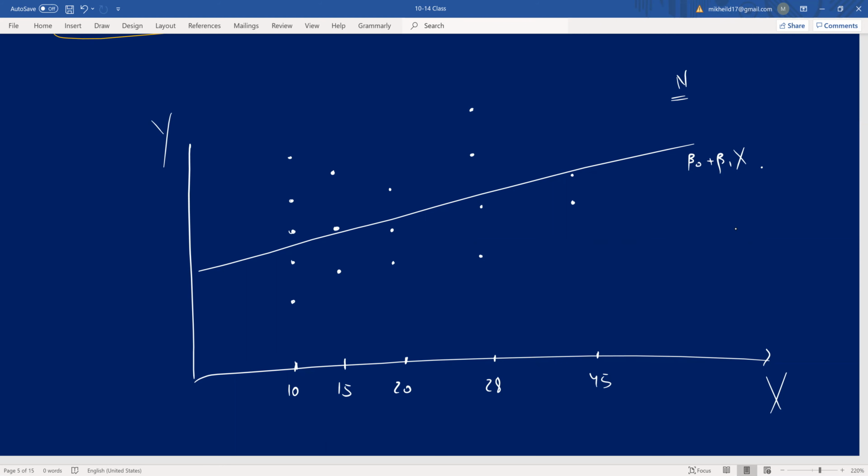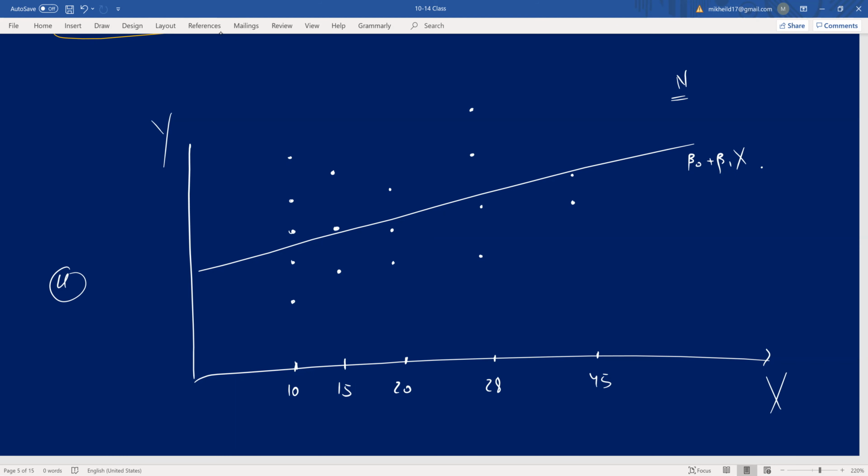And now, we have a lot of points for the different values of x.